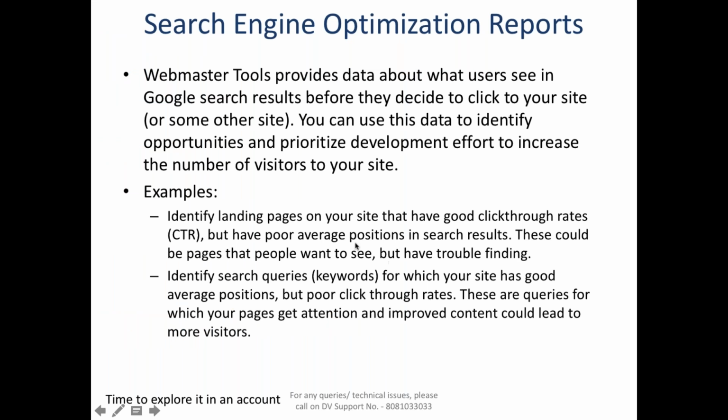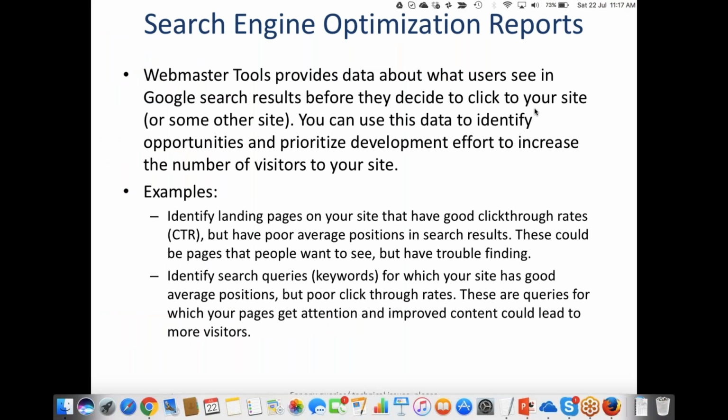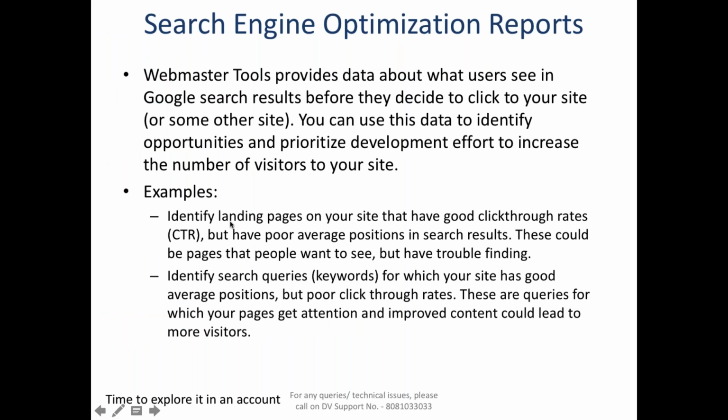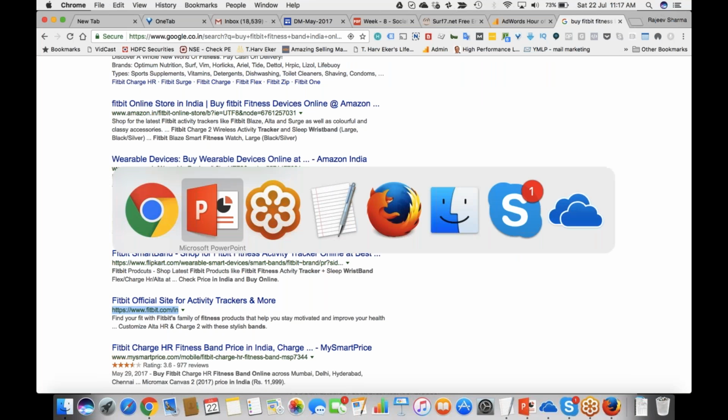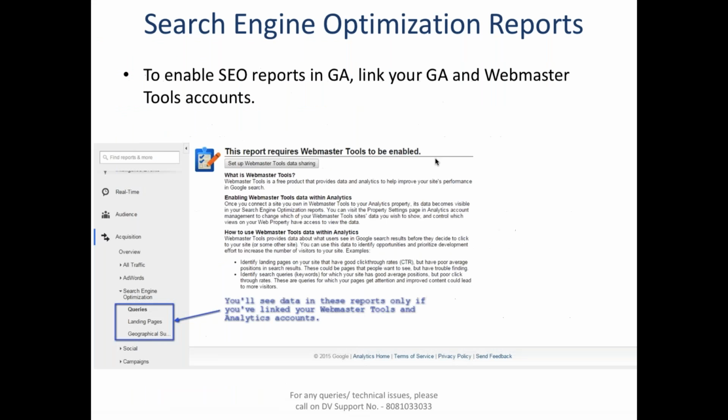If you understand this concept, the landing pages report will help you identify pages on your site that have good click-through rates but poor average position. So let's check this one.